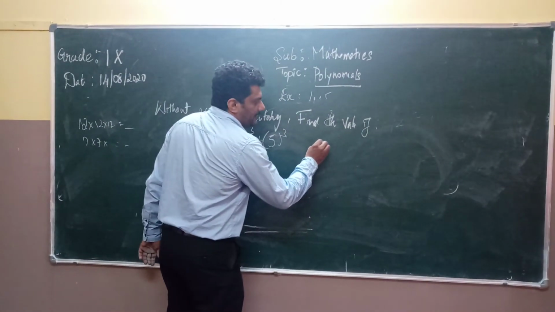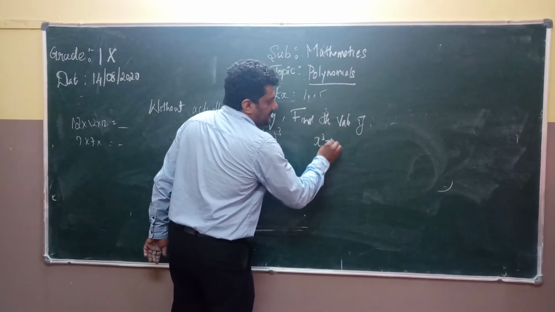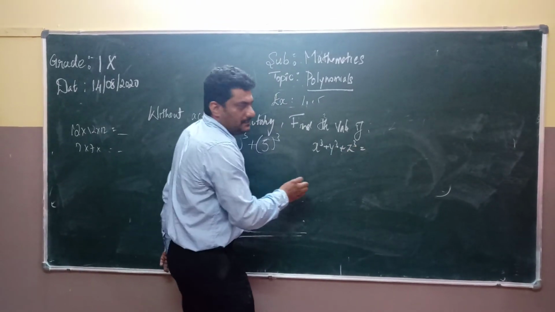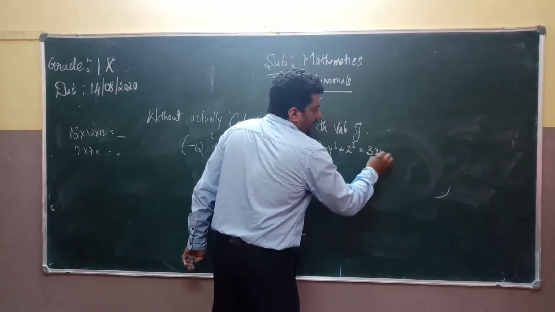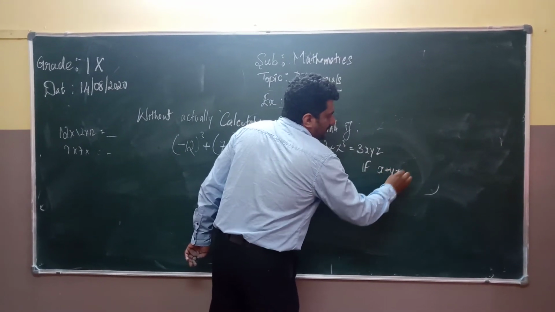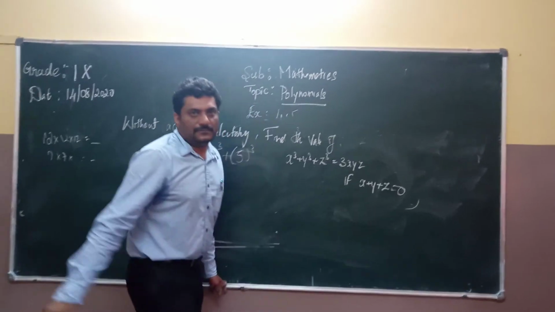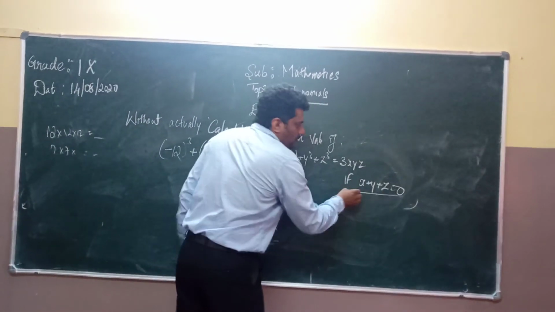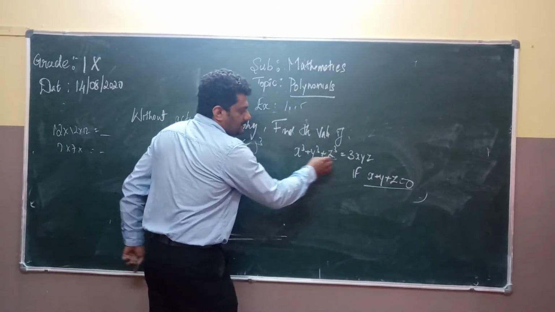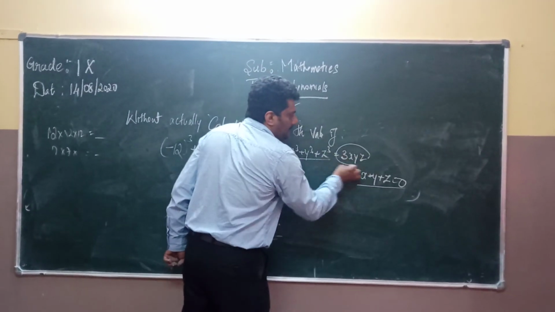We just now proved that x cube plus y cube plus z cube will be equal to 3 times xyz if x plus y plus z is equal to 0. Now if we know that x plus y plus z is equal to 0, then we can find this value directly.